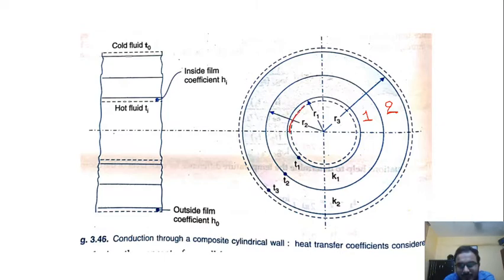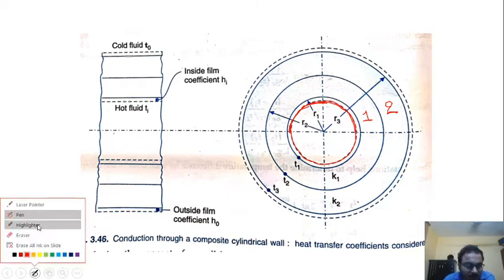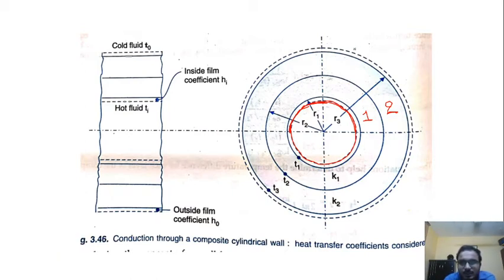The hot fluid layer is shown with this. And on the outermost side we are having a cold layer which is shown with this dotted circle.